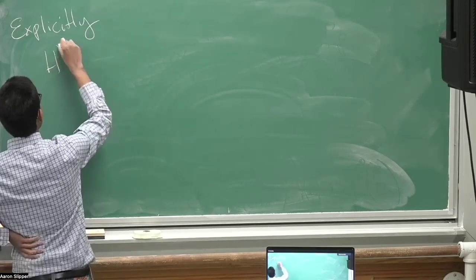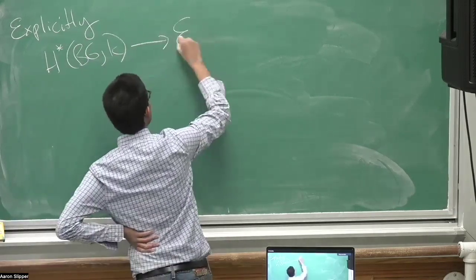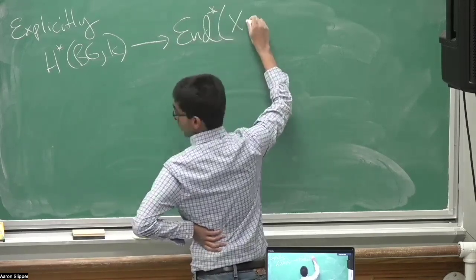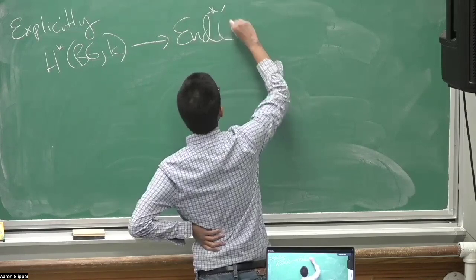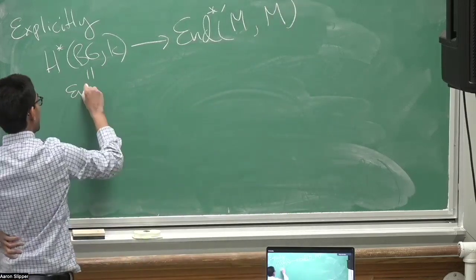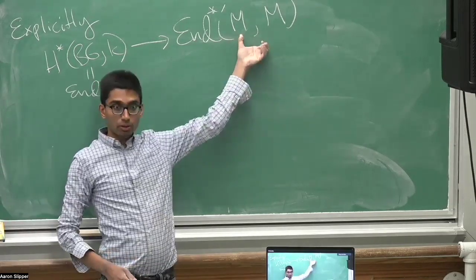so the cohomology of G with the k coefficients naturally maps to the ring of, let's say, graded endomorphisms of any object M, because this is endomorphisms of the unit object, and endomorphisms of the unit object act on any object.